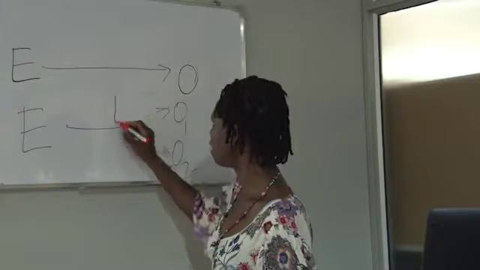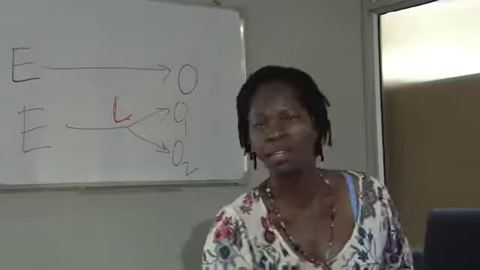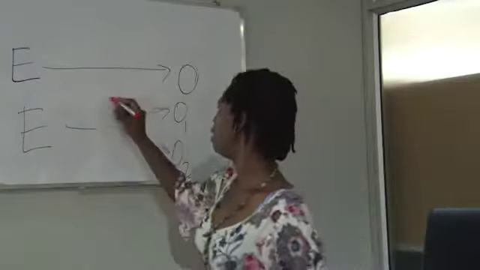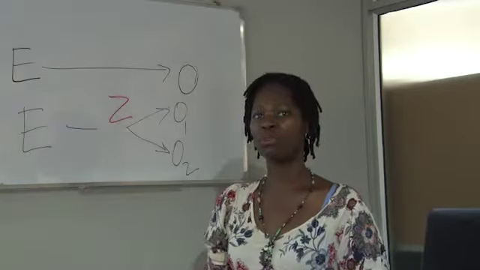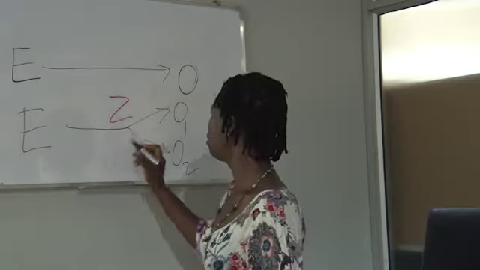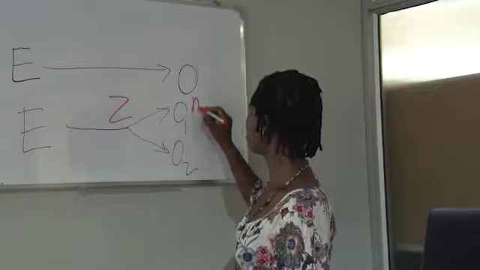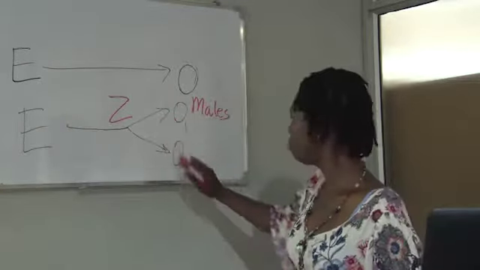Now, this third factor, I don't know what letter to use. Let me use the letter Z for our effect modifier. If we go back to our example of gender, this could be the factor sex. So among males, we are getting a different outcome.